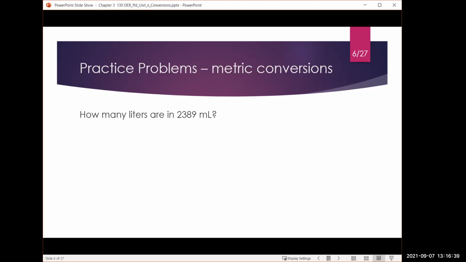All right. So, for example, how many liters are in 2,389 milliliters? So we write down what we're given, and eventually I want to get in units of liters based on the question. And so that means I'm going to have conversion factors here.